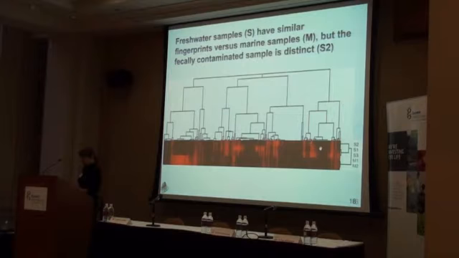Here, for example, are some freshwater samples marked as S and marine water samples shown as N, where you can see the marine samples are very distinct from freshwater. As you'd expect, there are very different microbes in marine versus freshwater. But the S2 sample, which is fecally contaminated, is clearly very different from the S1 and S3 samples when they're clustered together.